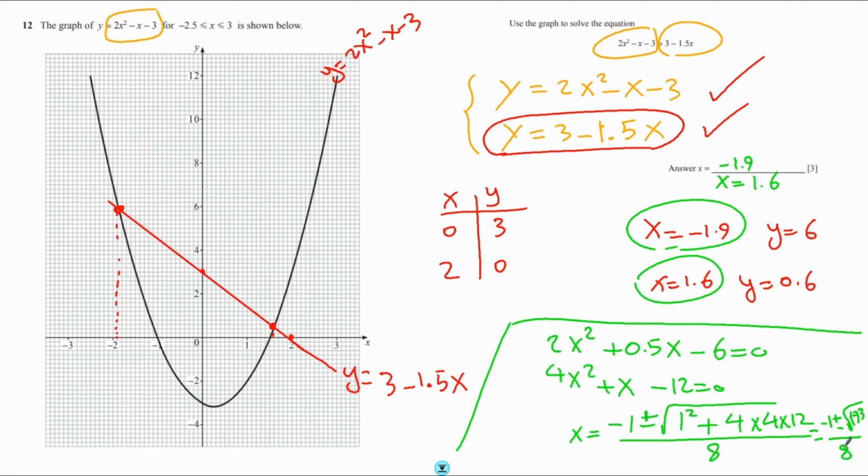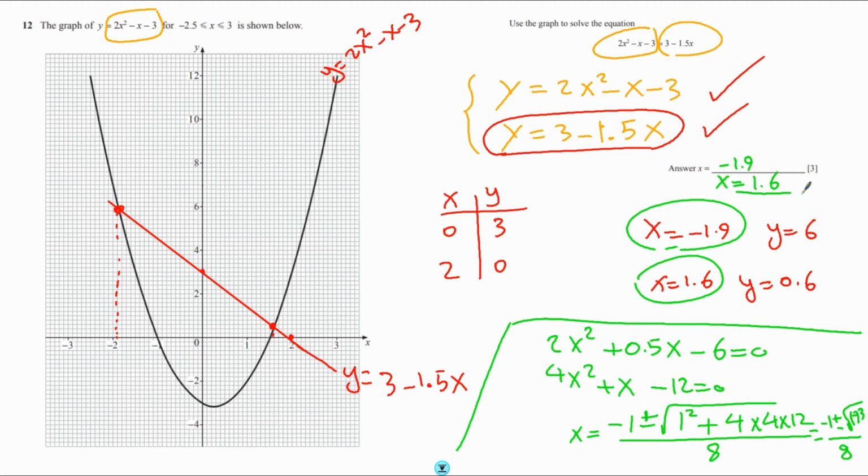I just want to do one of the examples on my calculator to show the difference between a graphical and an exact solution. So if I do the square root of 193, and then minus 1, divided by 8, what I get is 1.611, which is the exact solution. And if you see in here on the graphical solution, we have got 1.6.